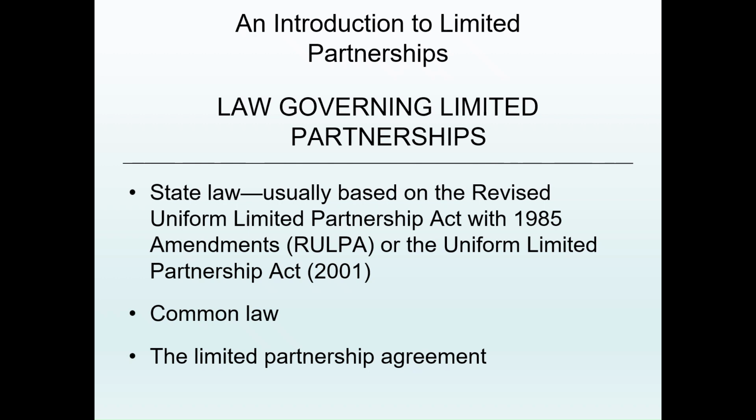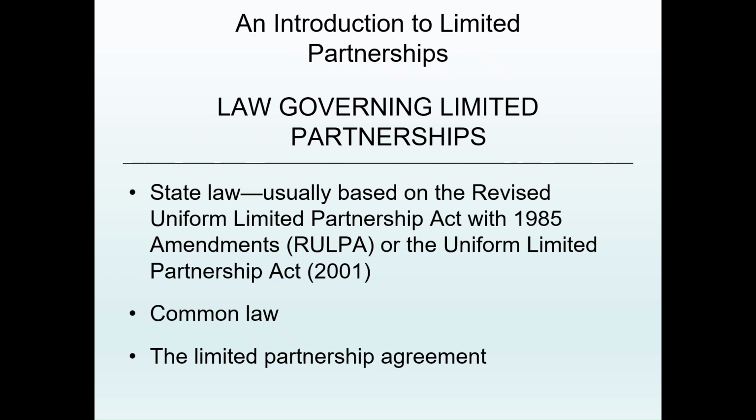The first Uniform Limited Partnership Act was introduced in 1916. The Revised Uniform Limited Partnership Act, the RULPA, was introduced in 1976 and amended in 1985. A new act, the Uniform Limited Partnership Act of 2001, was introduced in 2001.